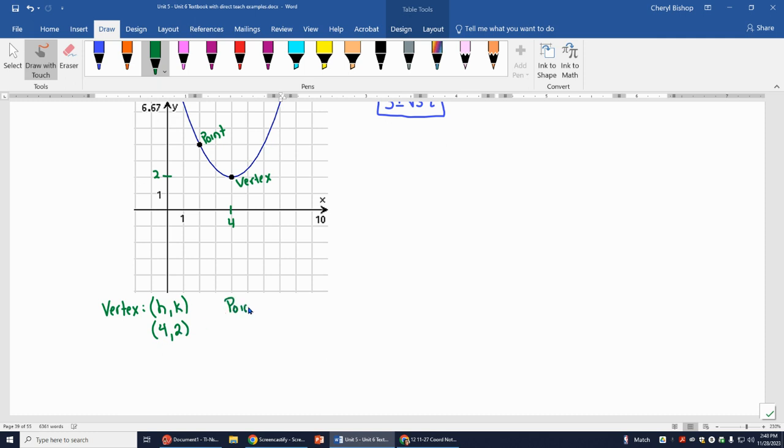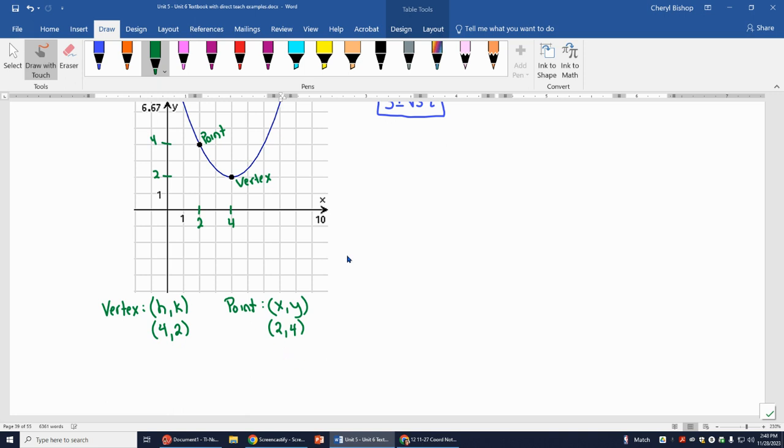And then my point is just another coordinate, so it's just an x, y coordinate. The point that I have is the point (2, 4). It just happens that they're reverses of each other. That doesn't always happen. That just happens to be the way that this one works.